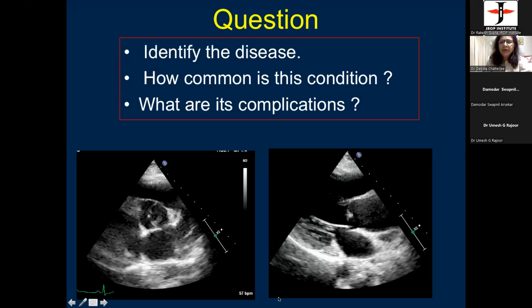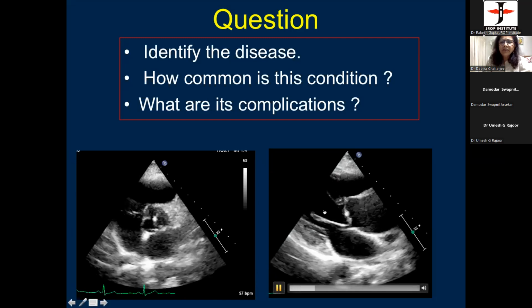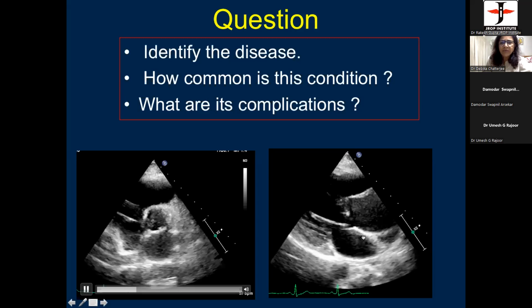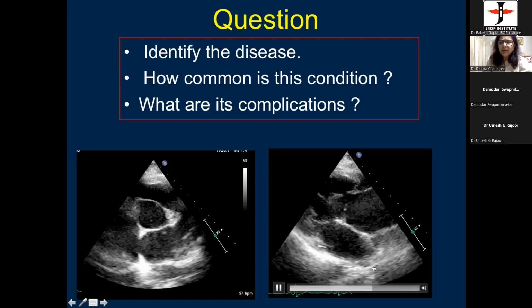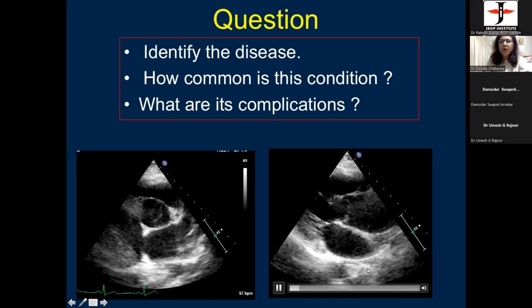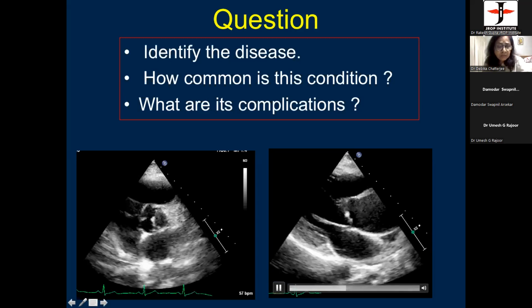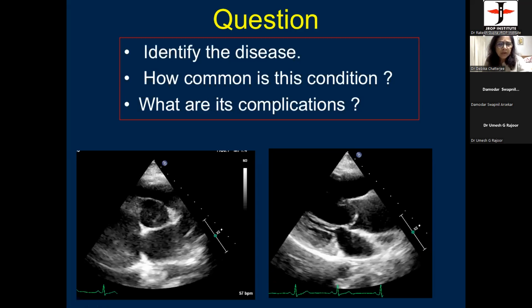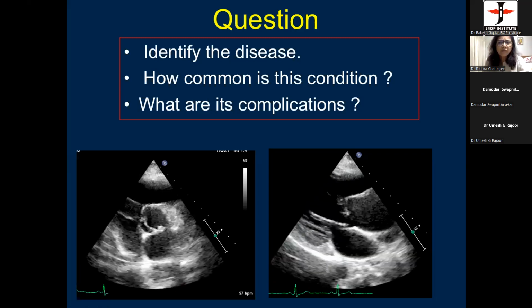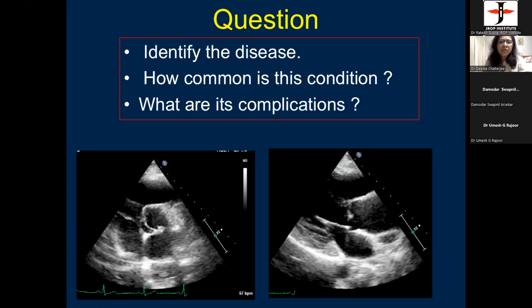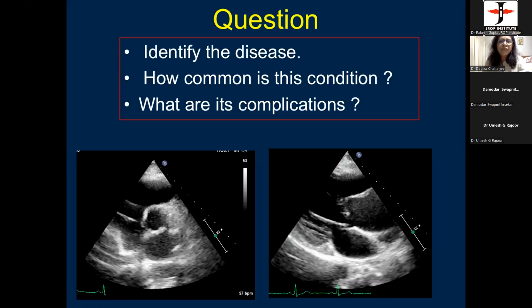Now, tell me, the same patient, bicuspid aortic valve, what is the finding here? Aorta is dilated, and leaflets are thickened, doming, and restricted in movement.